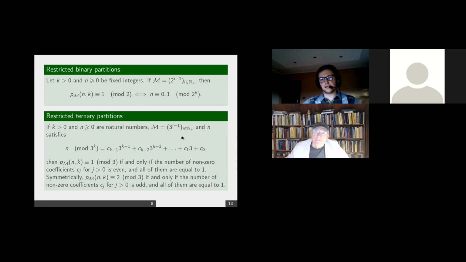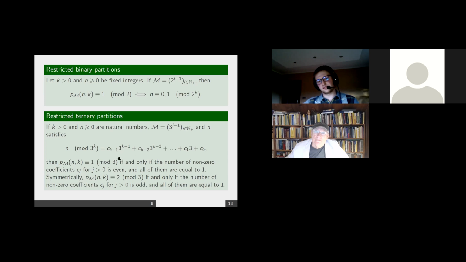Then if we represent n modulo 3 to the power k in base 3 in the following way, then we have the following characterization. The restricted partition function p(n, k) is congruent to 1 modulo 3 if and only if the number of non-zero coefficients c1 up to c_(k-1) is even, and all of them are equal to 1.